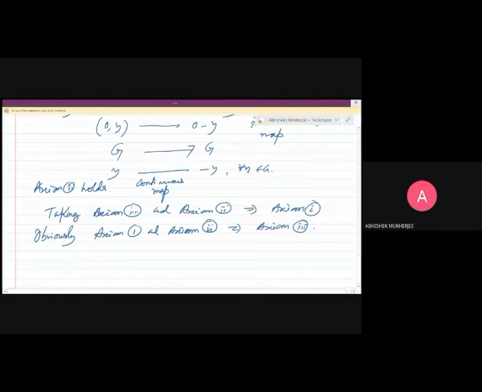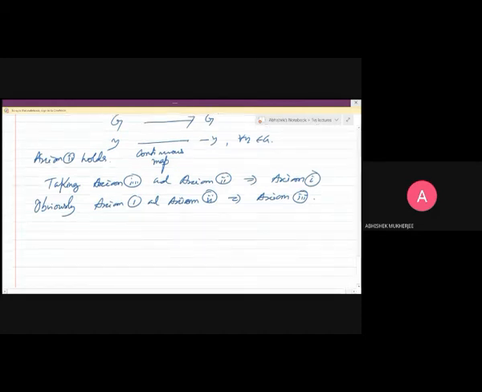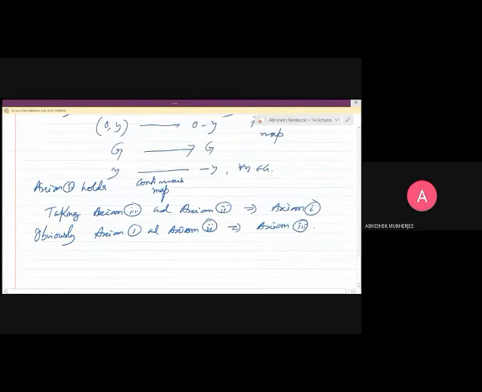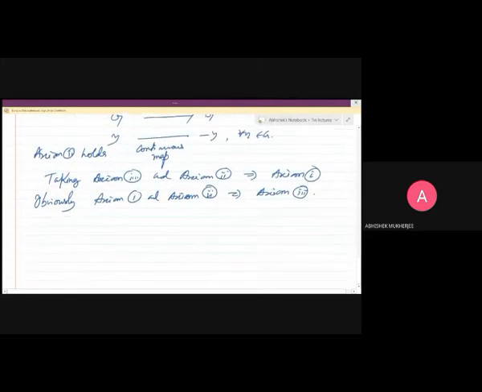So you can replace axiom 1 and 2 by axiom 3 in certain cases.